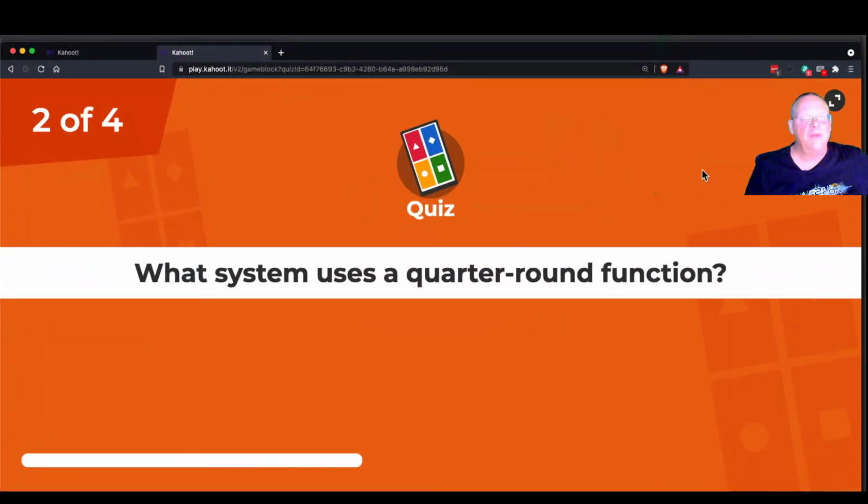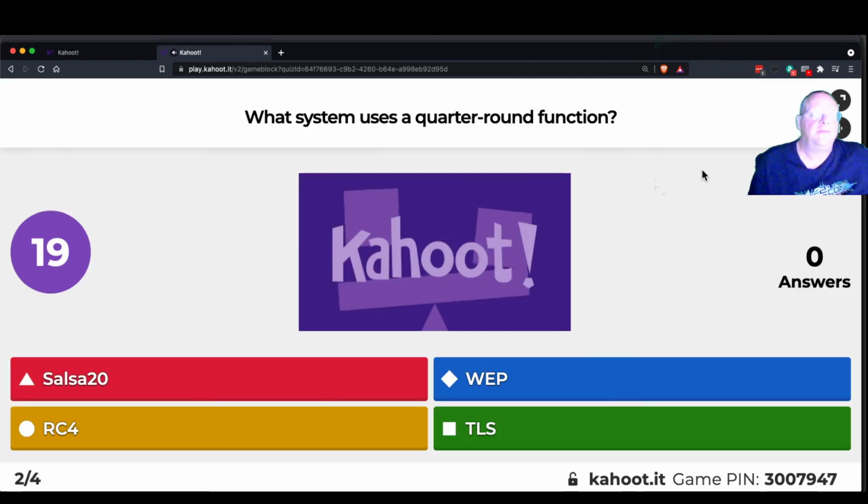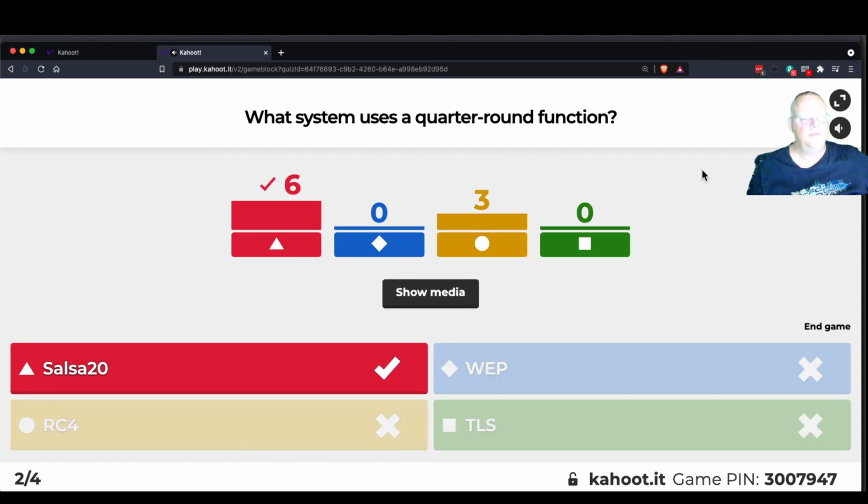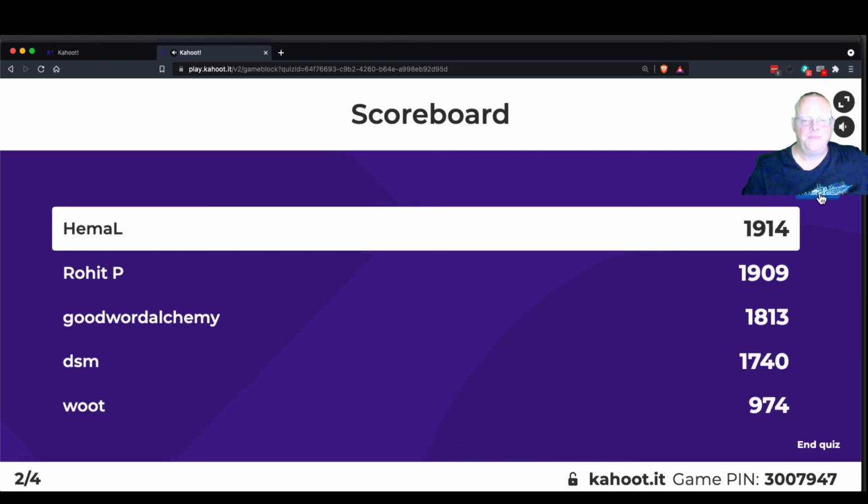Which one had a quarter round function? That's also ChaCha20. All right.